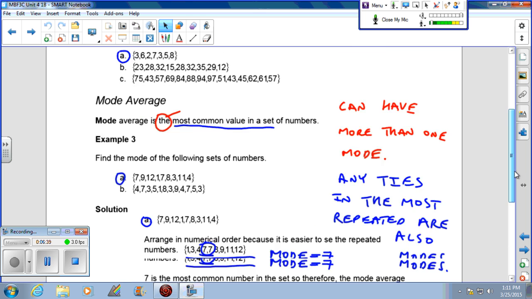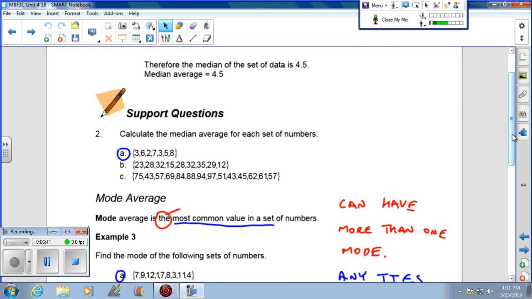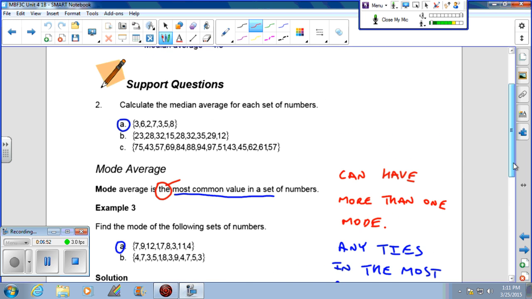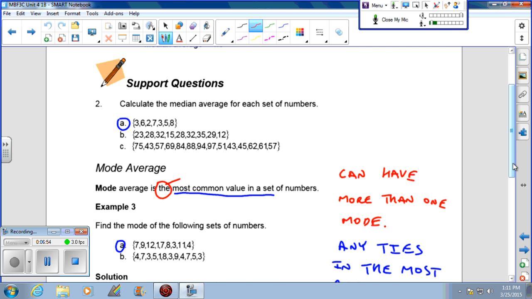Now, yesterday I said I was going to do a few, because I skipped over the median a little bit, doing the support questions for the median. So let's take a look at that. This is the top of page 9, and they have some practice questions there. I'm going to go to a fresh page here.